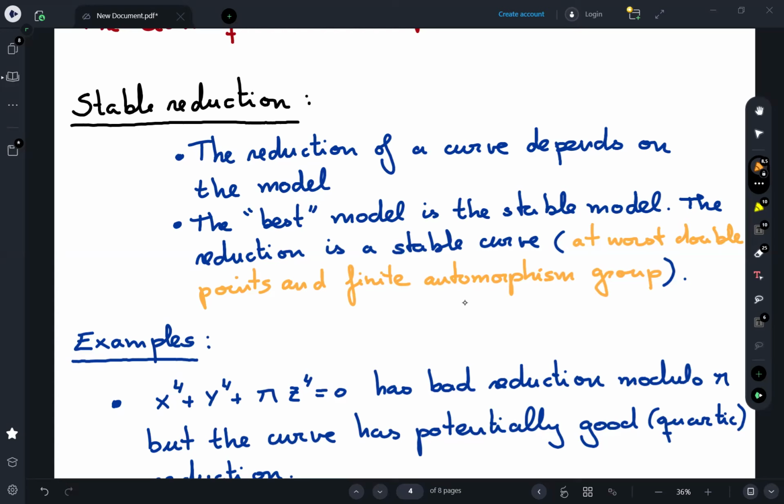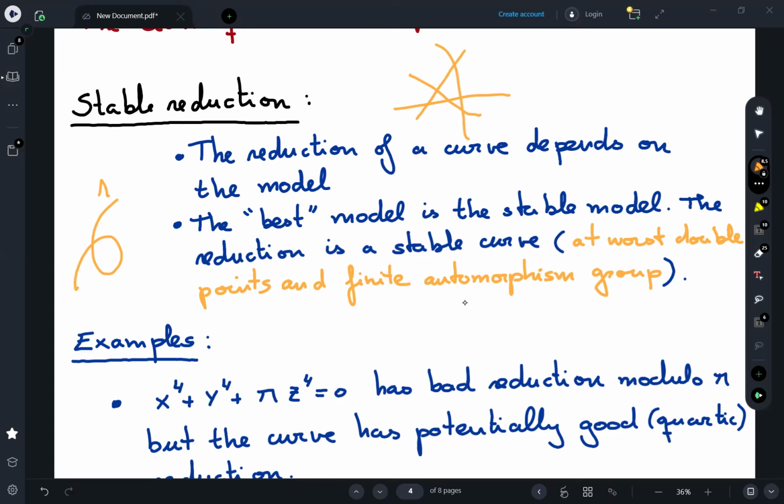This is an example of a stable curve. Imagine that this is genus 1, let's say, and you have a node. Another example is something like this, where all those are straight lines, so genus 0, but all these genus 0 components intersect the other ones in 3 points.